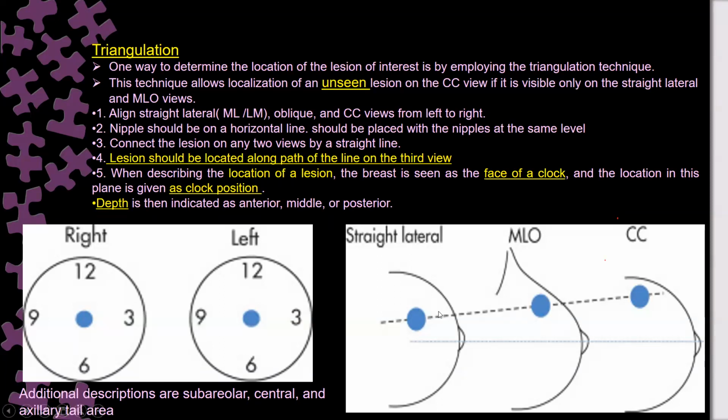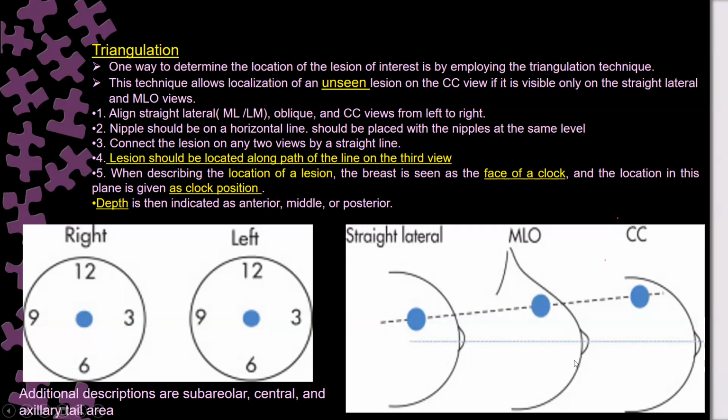Then draw a straight line from the lesion on the straight lateral view to the MLO view. Along the path of this line, you will find the lesion on the CC view having the same depth and the same distance from the nipple.